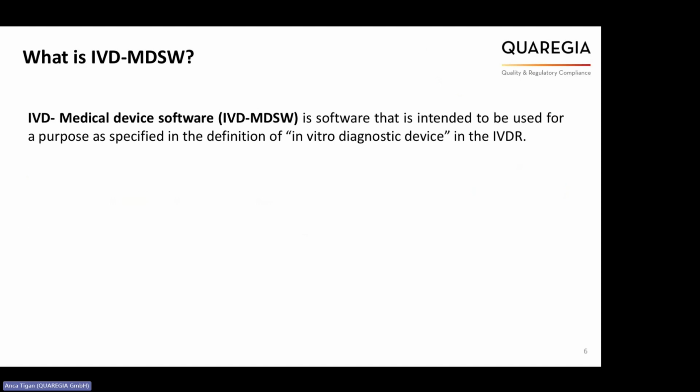Because IVD medical device software is defined as software that is intended to be used for a purpose as specified in the definition of in vitro diagnostic device in the IVDR, as we just saw. So any software that is performing functions within this definition is an IVD-MDSV, and I will explain a little bit more of how this can be decided.